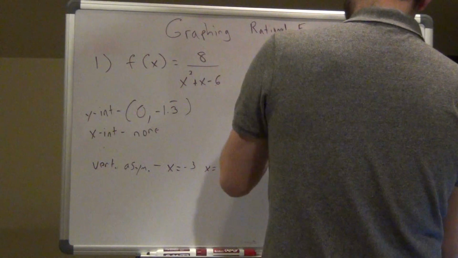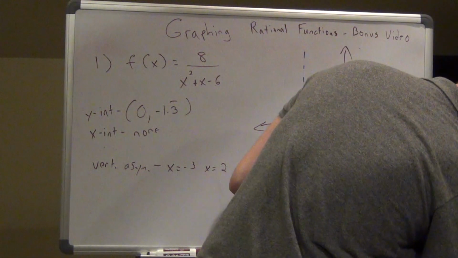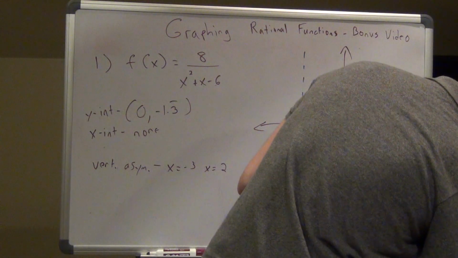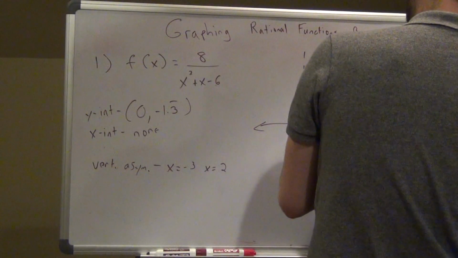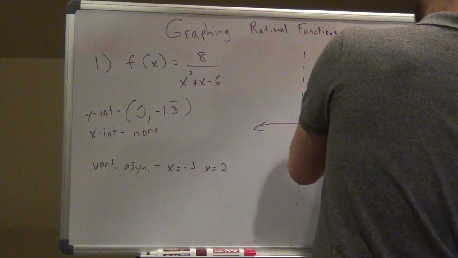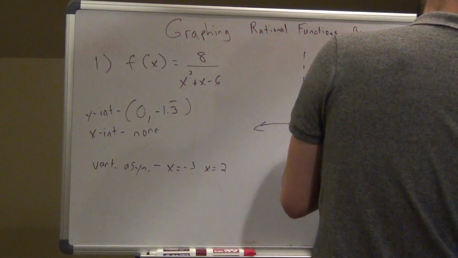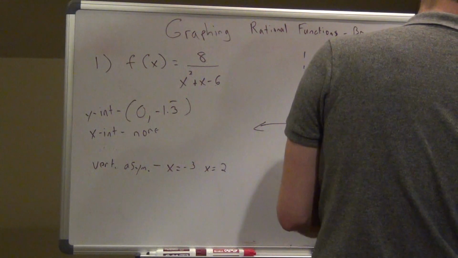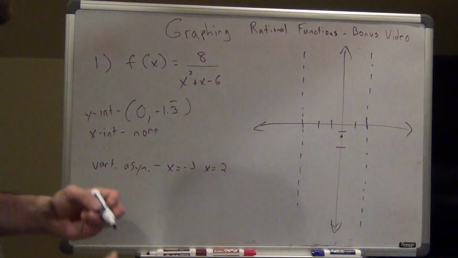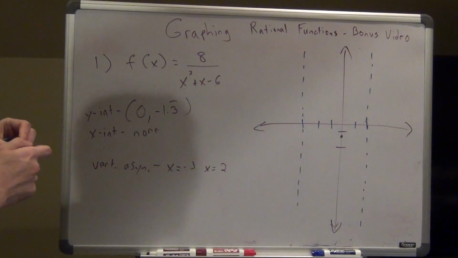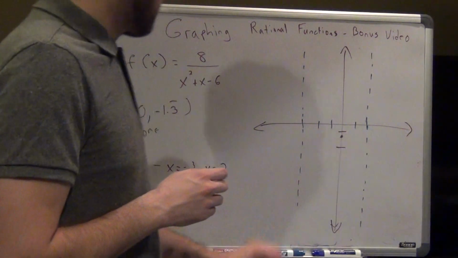I'm going to draw a little dotted line here. And then one here at 2. So I'm going to go 1, 2, and draw them this way. Alright. So, there's my two vertical asymptotes.